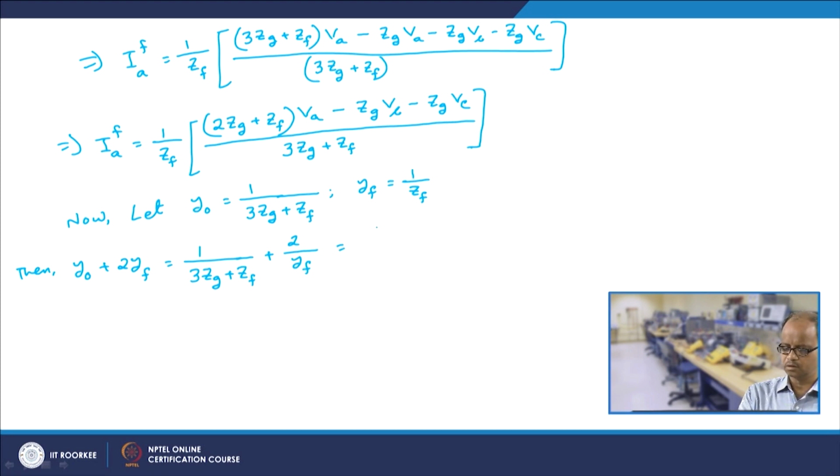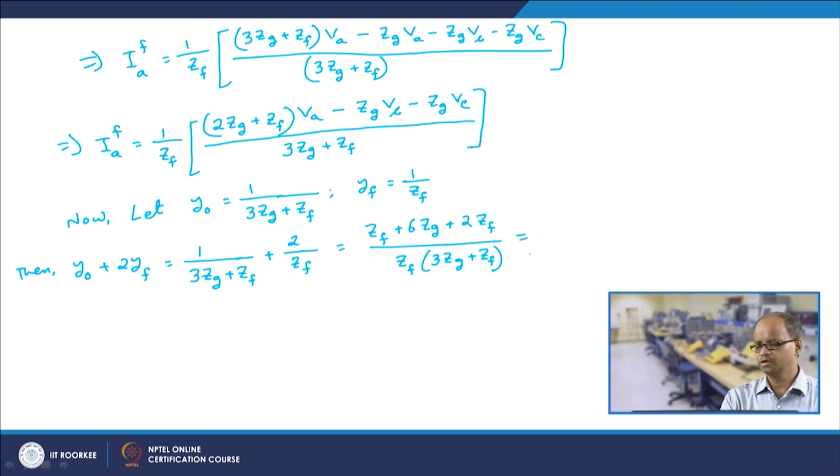That would be (ZF plus 6Zg plus 2ZF) by ZF into (3Zg plus ZF).